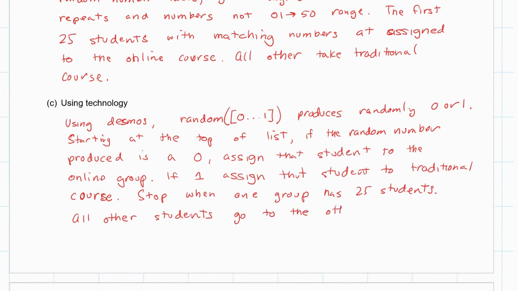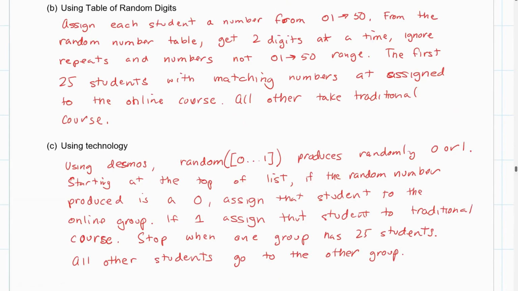And that way we get two groups of students. Now, by the way, if you think of this 0, 1 thing, we could have done the same thing with the random number table. With the random number table, you might just do odd even and start at the top of the list and have the same result.